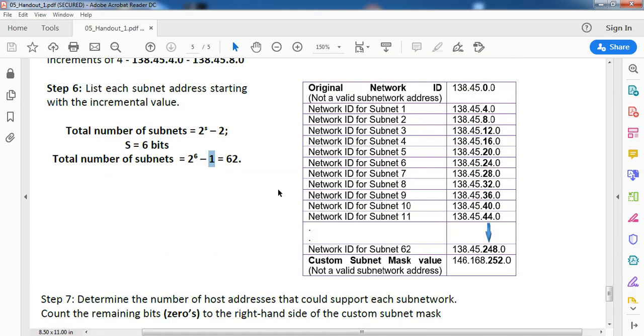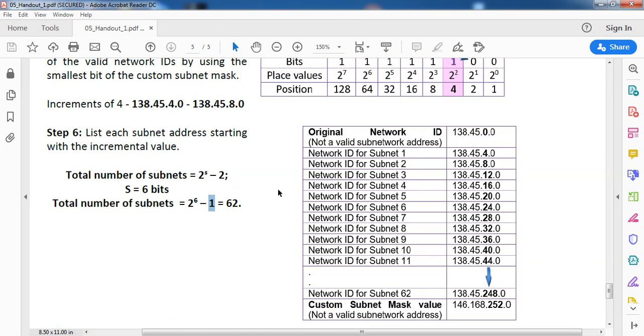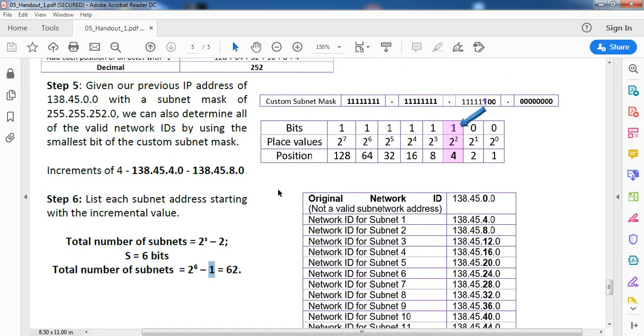Okay? Now, the next question would be, how many hosts could each subnetwork use? Remember, we actually borrowed 6 bits from the host ID. So that means the 6 here cannot be used as part of the host ID. We could use the remaining 10.